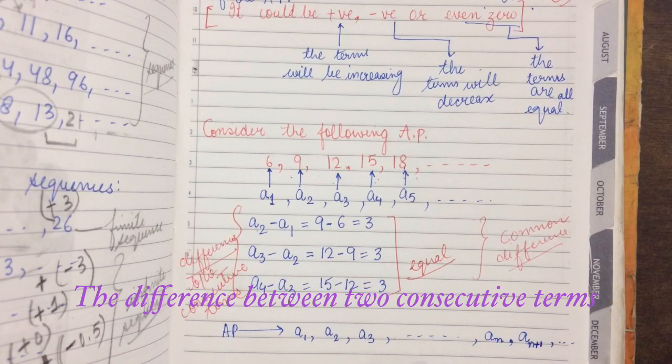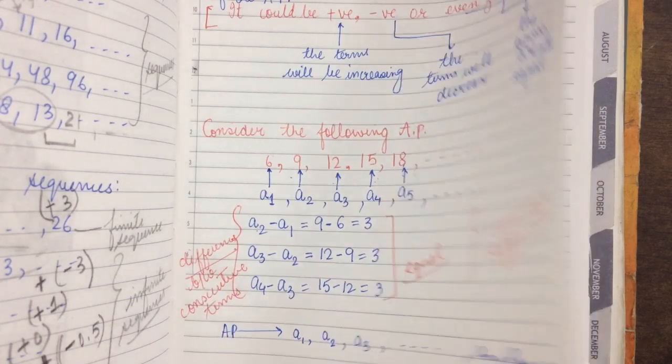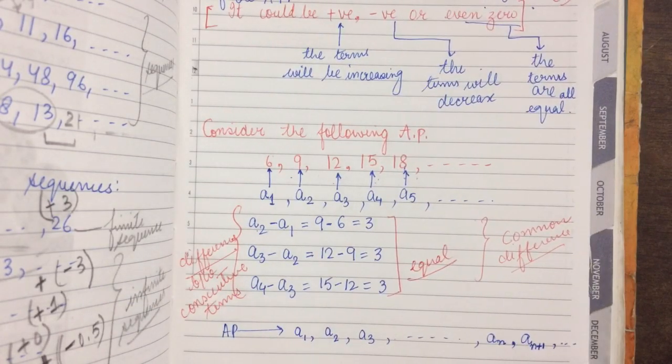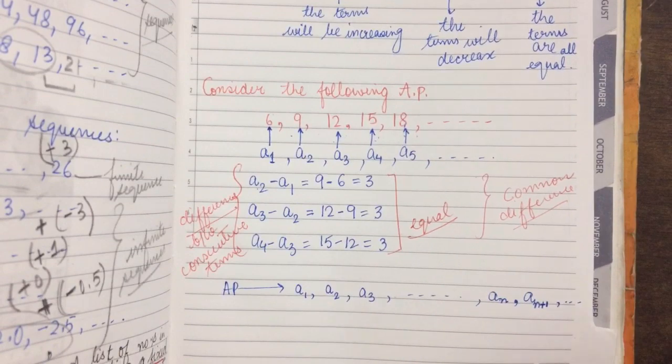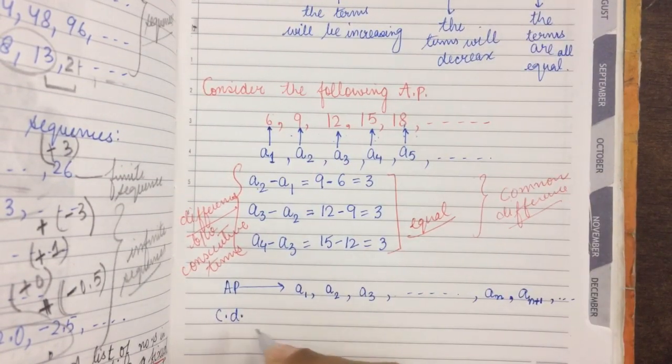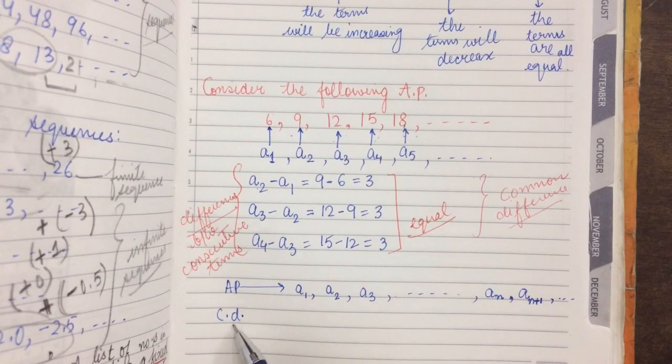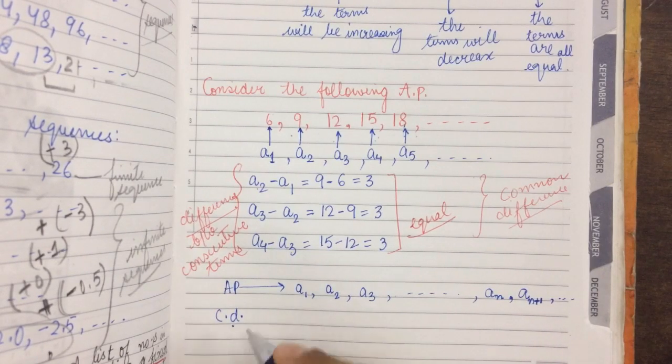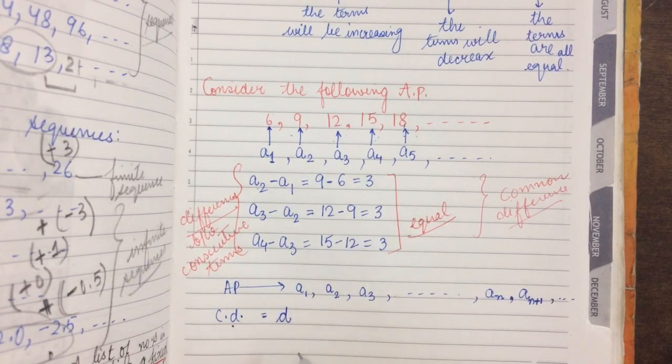The difference between any two of these terms will be the same, and the difference will be referred to as the common difference, represented by lowercase d. I told you earlier that I will be referring to common difference as CD. So the common difference will be represented by d, and this is given by subtracting any two consecutive terms.